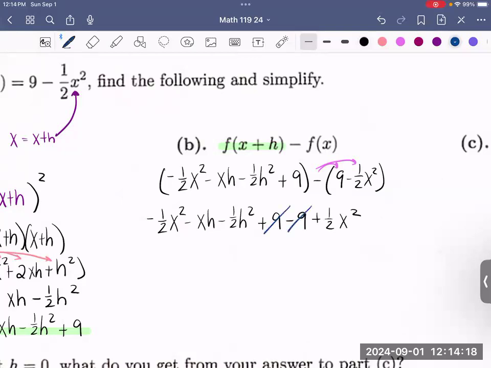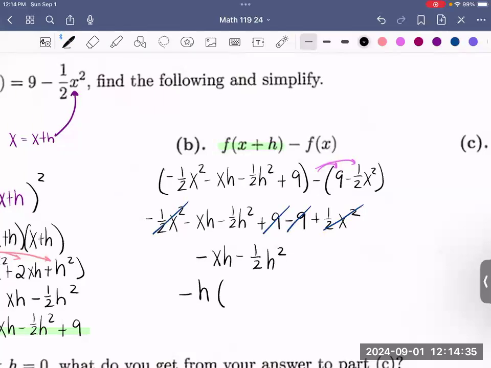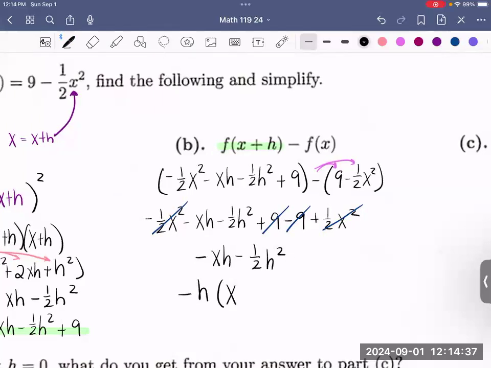You'll notice that the 9s are going to cancel and the x squared is going to cancel. So you're left with negative xh minus 1/2 h squared. Now start to factor. So what do these have in common? Well, they both have a negative in common, and they both have an h in common. So our leftover bit is x plus 1/2 h.